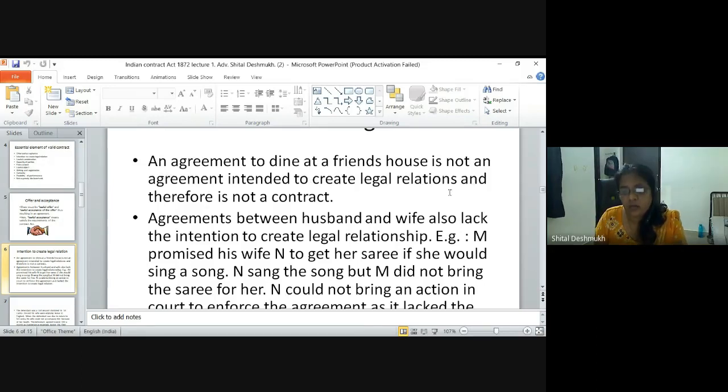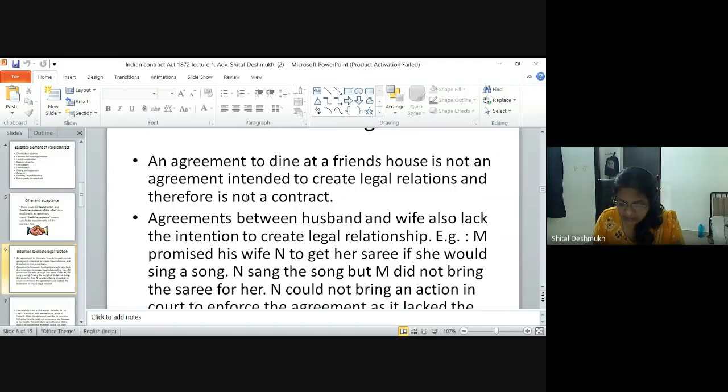One friend wanting to dine with another friend is not an agreement, because there is no intention to create a legal obligation, and therefore it is not a contract.